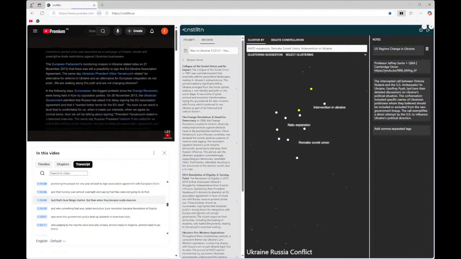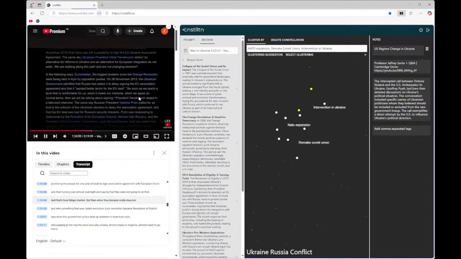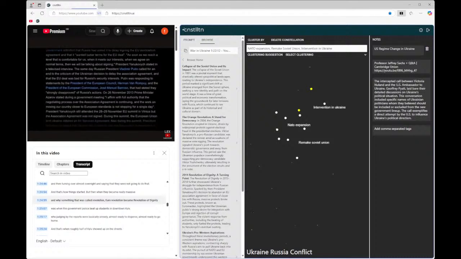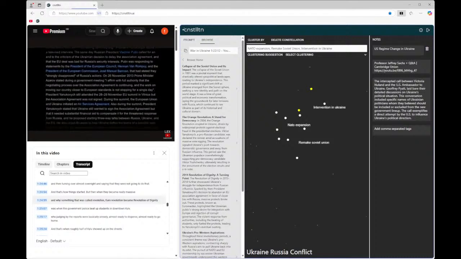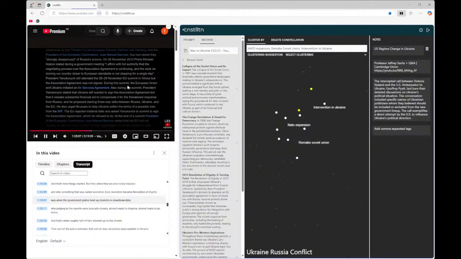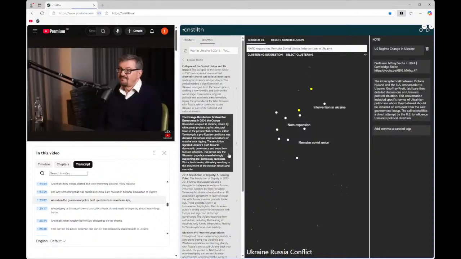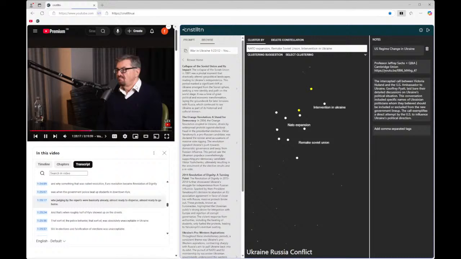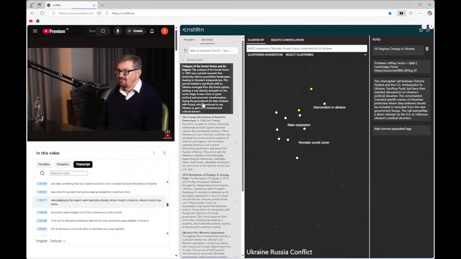But then when they became really massive, and why something that was called Euro revolution became revolution of dignity, was when the government police beat up students in downtown Kiev, who, judging by the reports, were basically almost ready to go home.